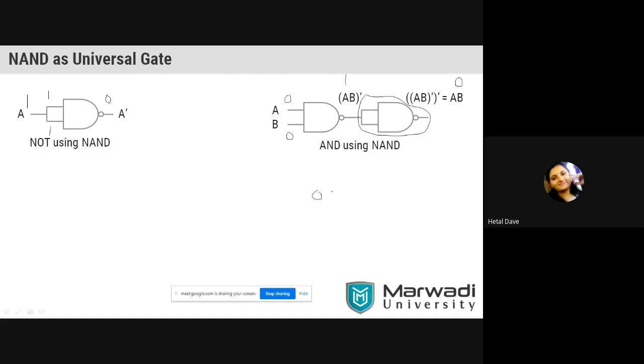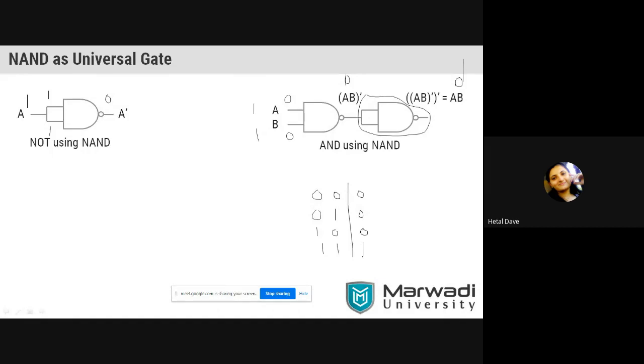Second example, 0, 1: you will get 0. Third combination, 1, 0: you will get 0. And the last combination, if you give 1, 1, the NAND gate output will be 0, and the final output will be 1.